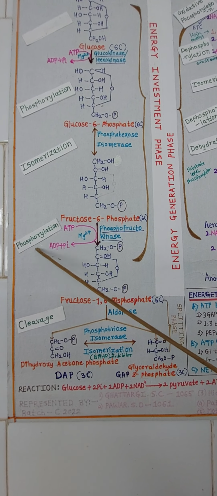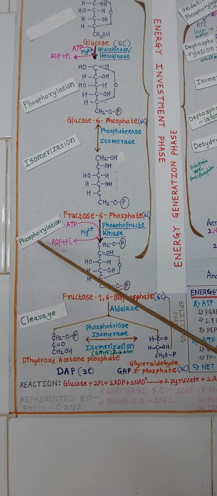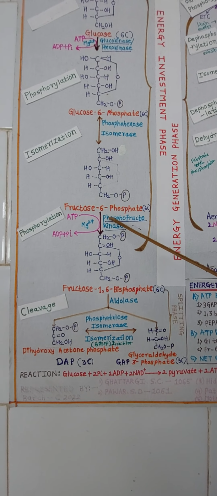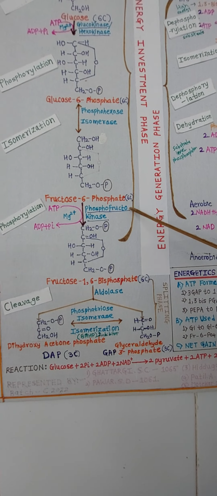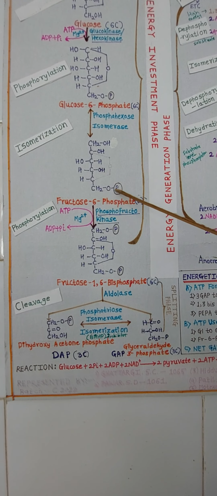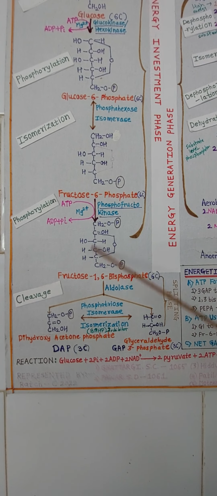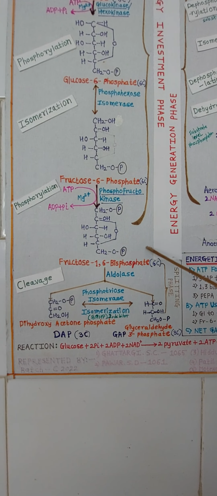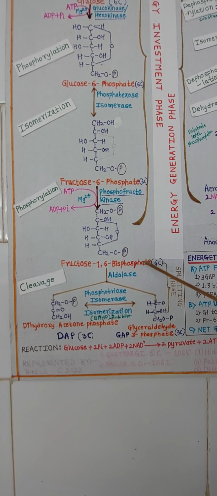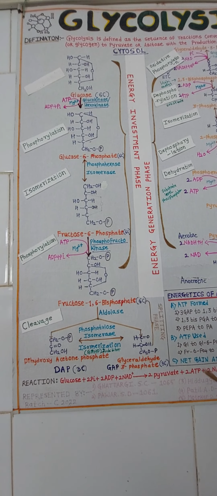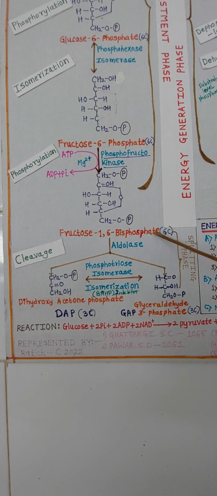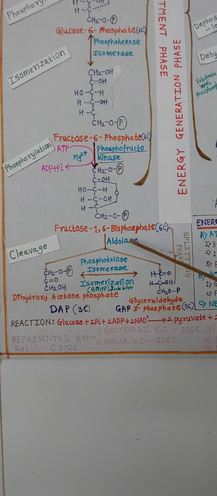ATP is used, so a phosphate group is taken from ATP, so it is phosphorylation, and the name of the enzyme is phosphofructokinase. Phospho because a phosphate group is there, fructose gets converted, kinase because of the phosphorylation process, and the whole phase is called the energy investment phase.